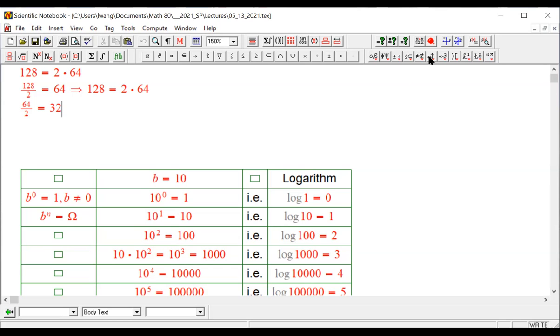And what does this tell you? 64 is 2 times 32. So 128 is equal to 2 times 64, and 2 times 64 is 2 times 32.